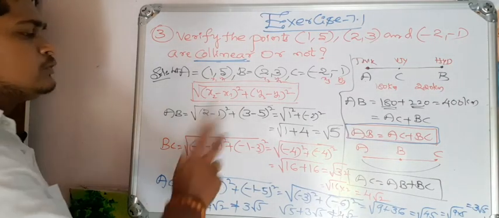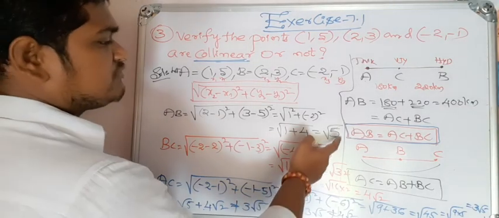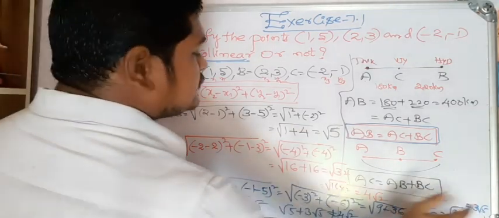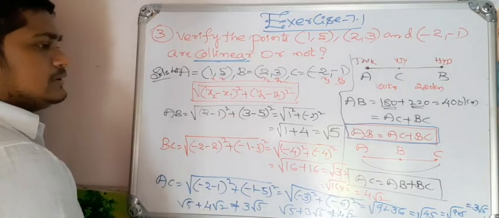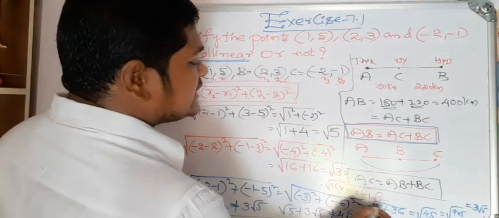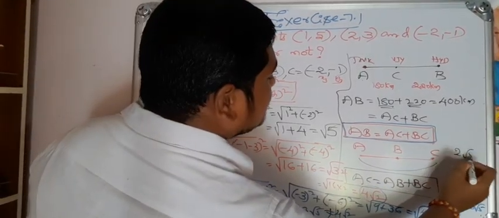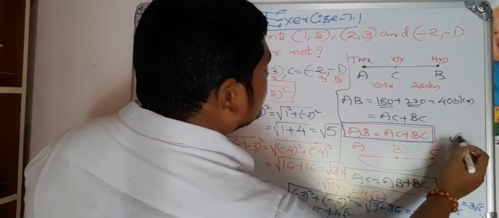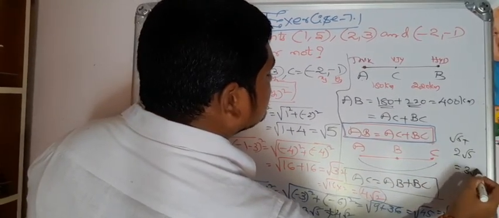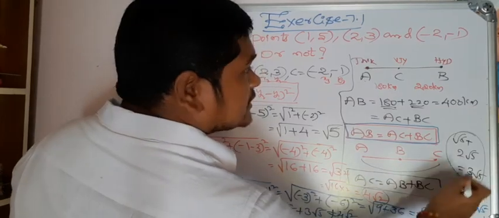For suppose root 5 is there and 3 root 5 is there, and if there is a chance of getting 2 root 5, then root 5 plus 2 root 5 is equal to 3 root 5. Then it is collinear.